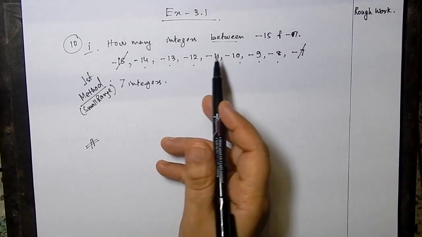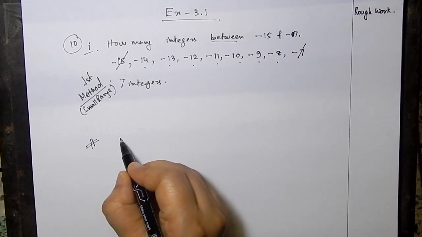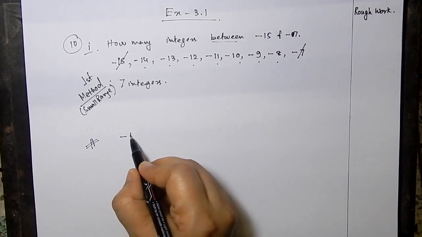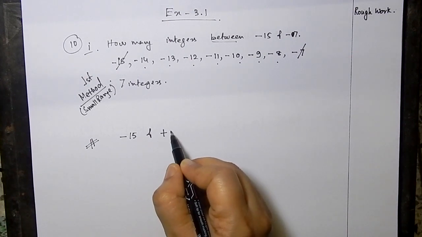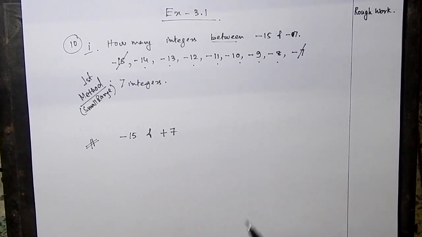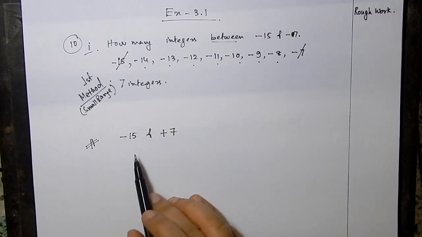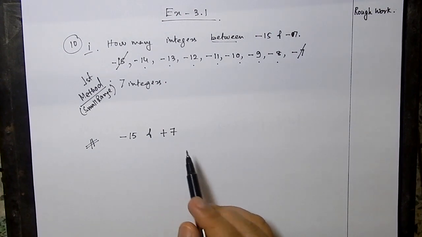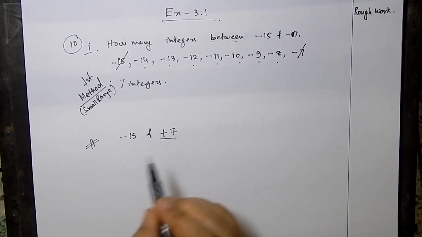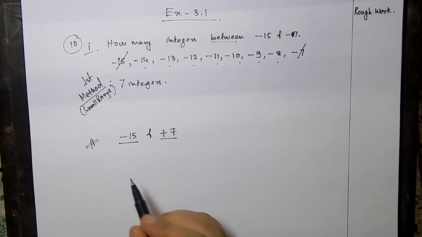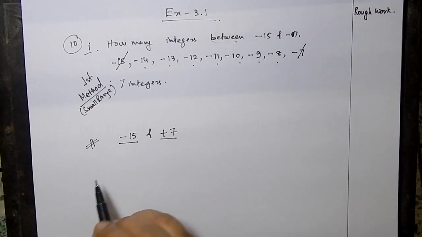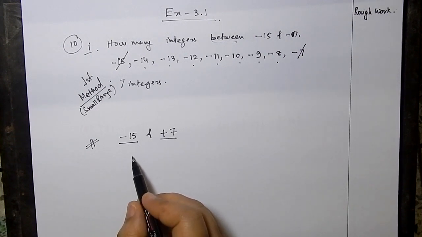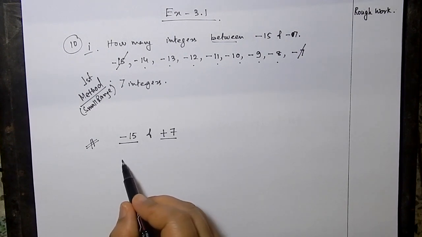Let us find out how many integers between -15 and +7. So if it is -15 and +7, then this is the greater number and this is the smaller number.